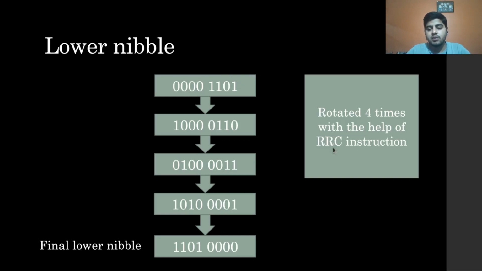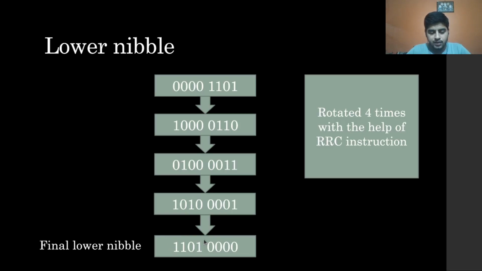With the help of the RRC instruction, we can rotate it rightwards 4 times. If we perform the operation one time, this bit will get transferred to here, and all other bits will move rightwards. If we perform it four times, we will get our final answer. Now after this, we have to reverse the number.